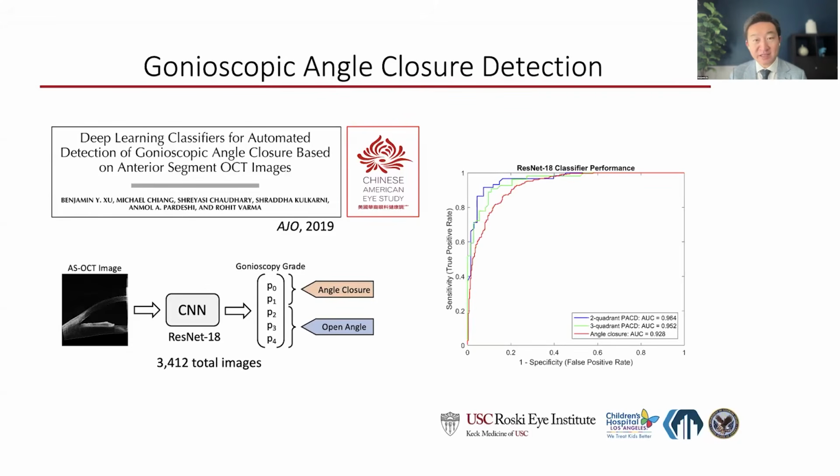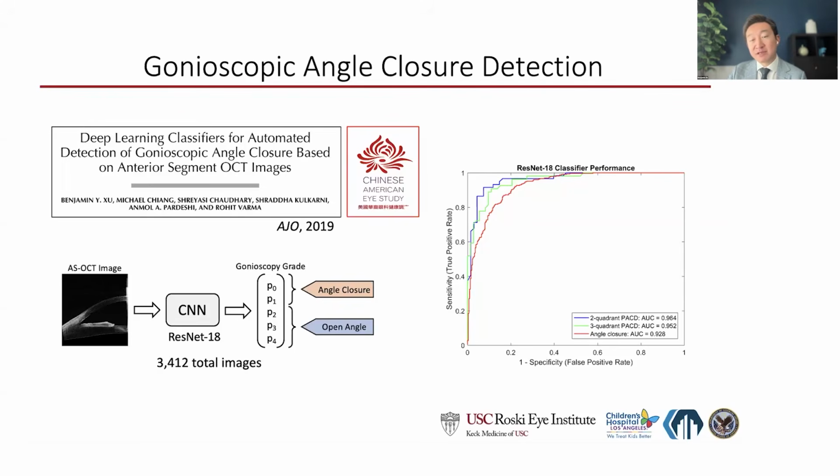And this is the figure that shows the performance of this model or algorithm. This is called a receiver operating characteristic curve, or ROC curve, and it plots the sensitivity of the model versus 1 minus specificity. And so the perfect model would have an area under this curve, or AUC value, of 1, which would look like a box, but this type of performance is not possible in a real-world environment.